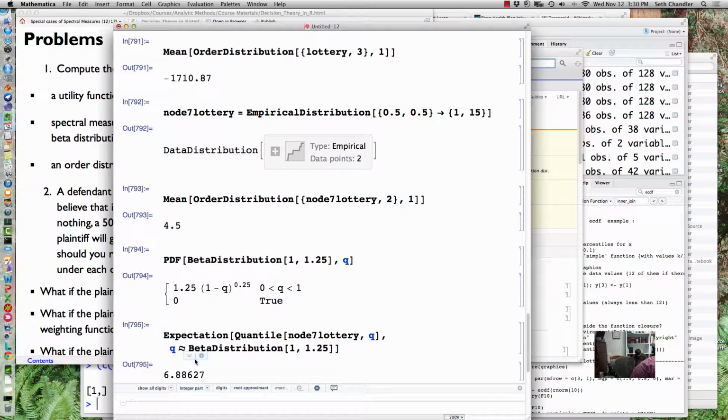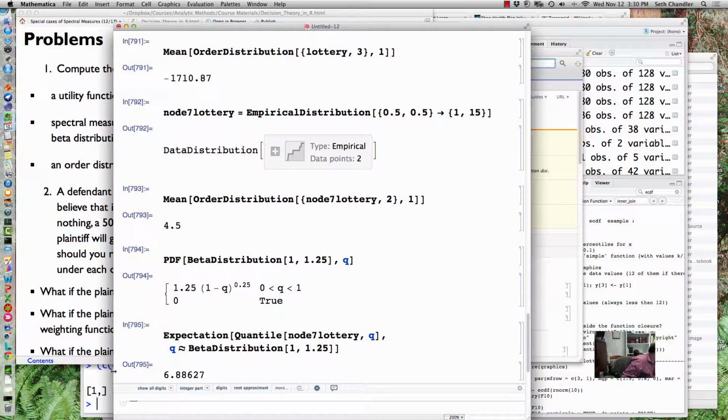And here's what they're saying at node 2. Here's what they're not saying. They are not saying, I have a 50% chance of getting a 4 and a 50% chance of getting a 6.88. You can only use that 6.88 to determine whether they want to go from 5 to 7 or from 5 to 6.